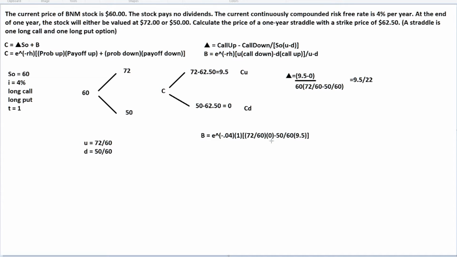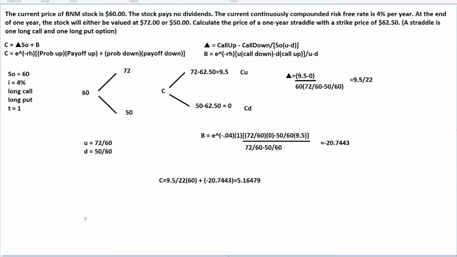Let's just cancel everything out. And minus the down factor, which was 50 over 60, times our payoff when the call goes up, which is 9.5. We also have to divide by our up factor minus our down factor, which is 72 over 60 minus 50 over 60. And that gives us negative 20.7443.